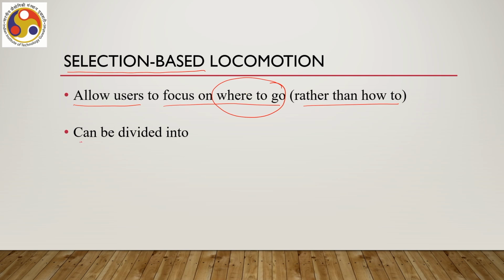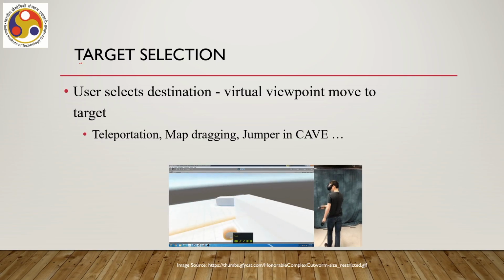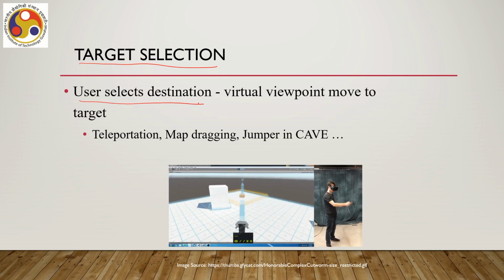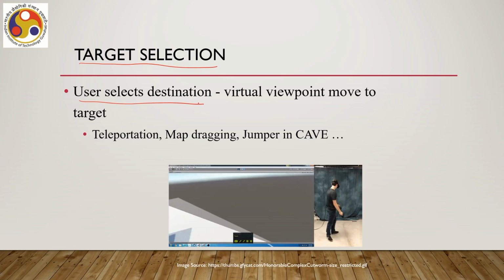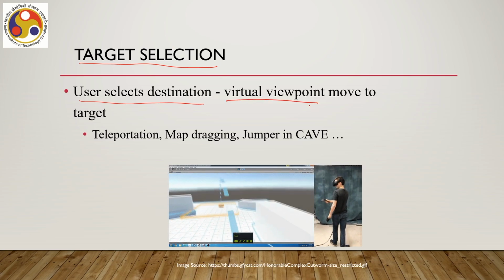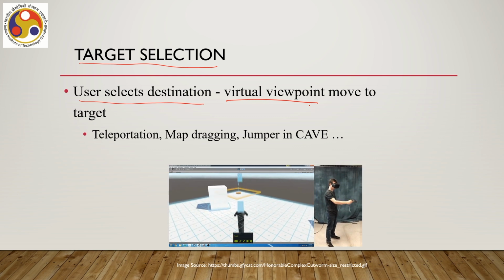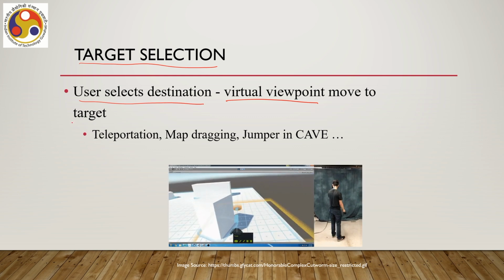Now, this locomotion technique category can also be of different types. We can have target selection based locomotion, we can have route planning based locomotion. In target selection based locomotion, the user selects the destination or the target where the user wants to move, and the virtual viewpoint changes, or in other words, it lets the user feel through that change that the user has actually moved to the target.